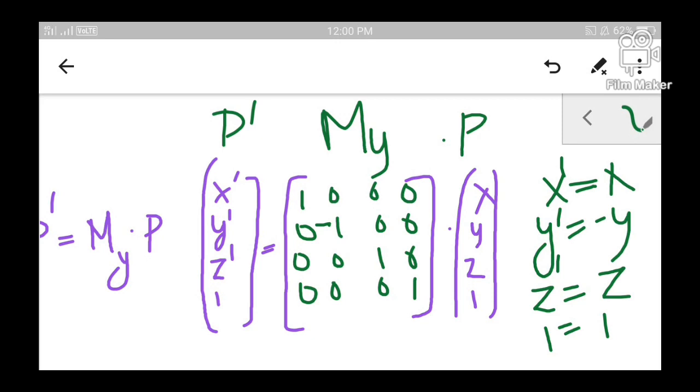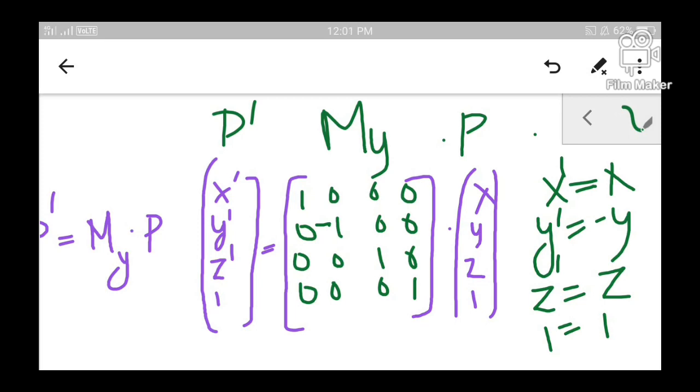When reflection about the y-axis occurs, in the reflected image only y becomes negative and all other terms, that is x and z, will still remain positive. They will remain the same value itself. Coming to the last one, reflection about the z-axis. This is the reflection where z becomes negative after reflection, and the other two terms, that is x and y, will still be the same.